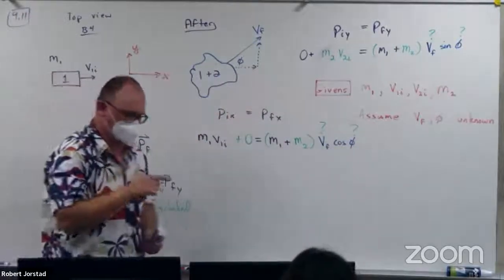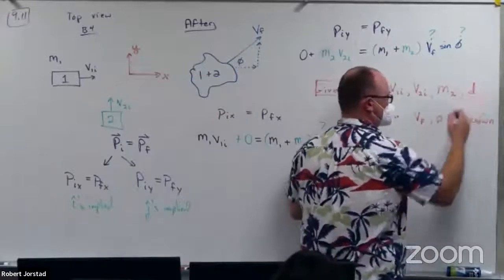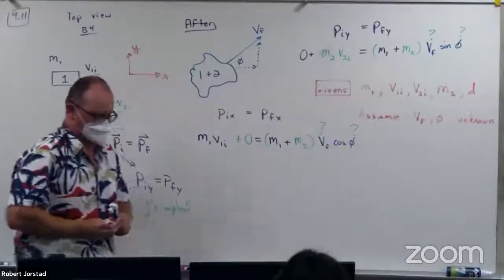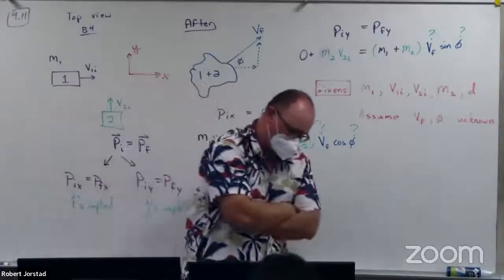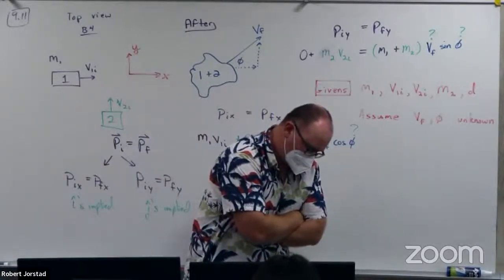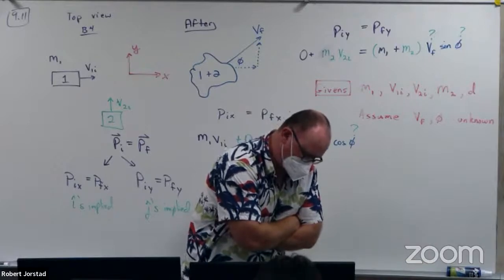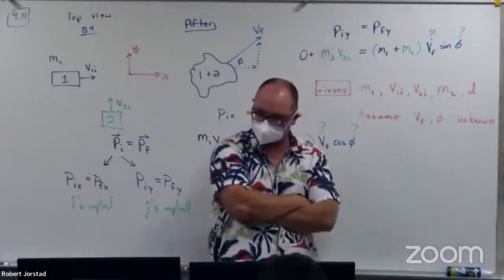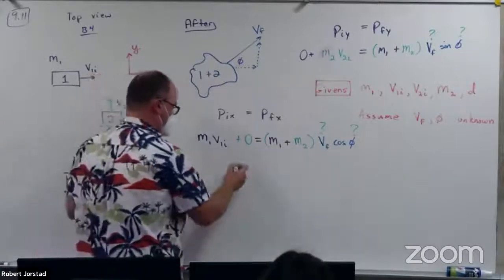What is this other parameter that's a given? D, that's a different piece. It says in the problem, after the 2 objects stick together, they slide along the ground a distance D before coming to rest. So this is a side problem.